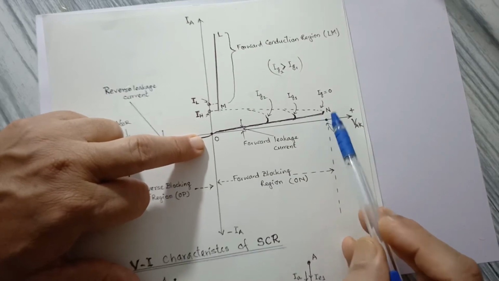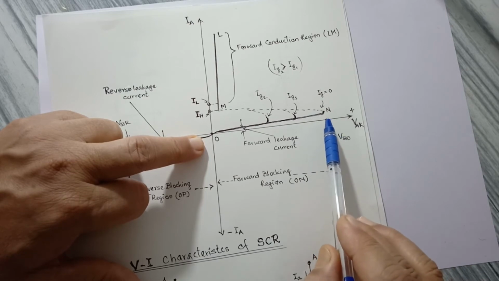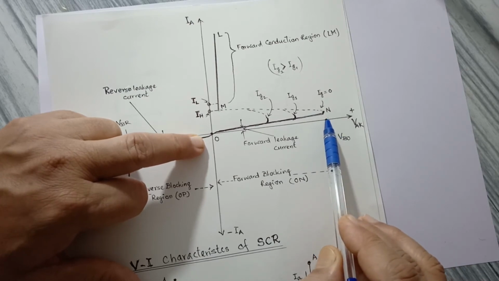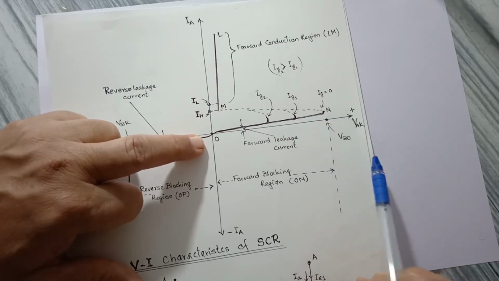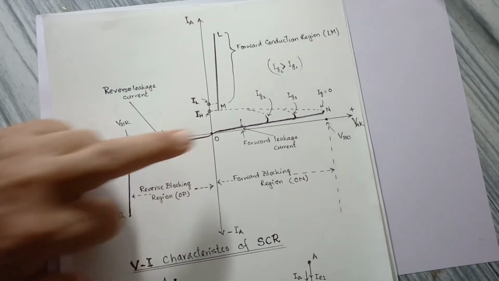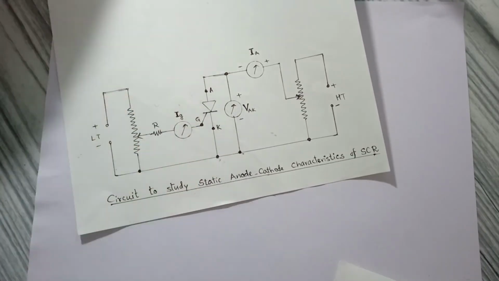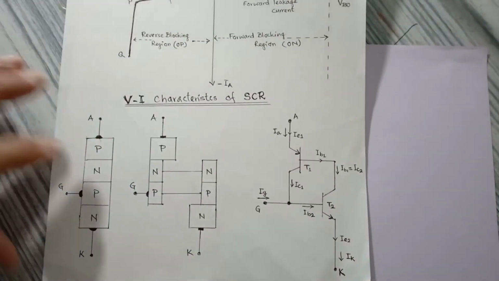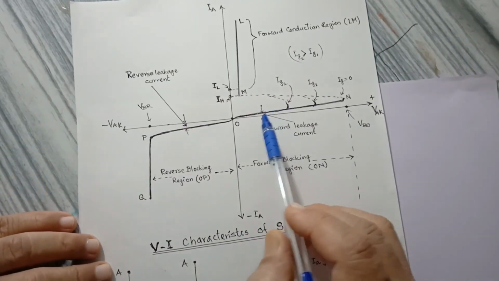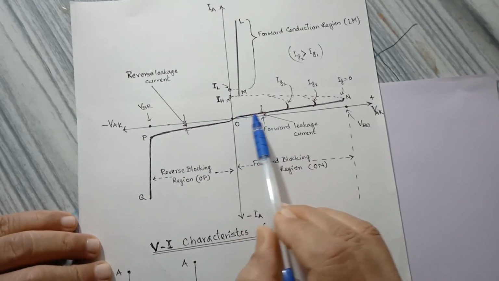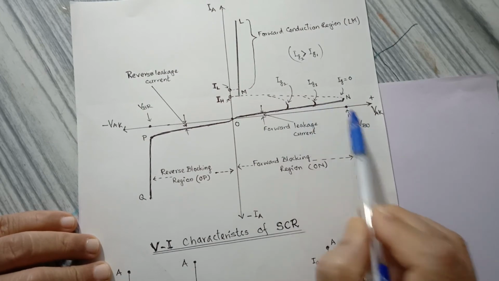So this is one point. When the gate was open, it requires a very large forward anode voltage to start its conduction. Now next we want to see a very interesting thing. If a small gate current is injected, in the last diagram here you can vary this point to increase the gate current, and if the gate current is increased slightly, you can see that in this case the SCR begins to conduct at a little lower voltage than the earlier VBO.